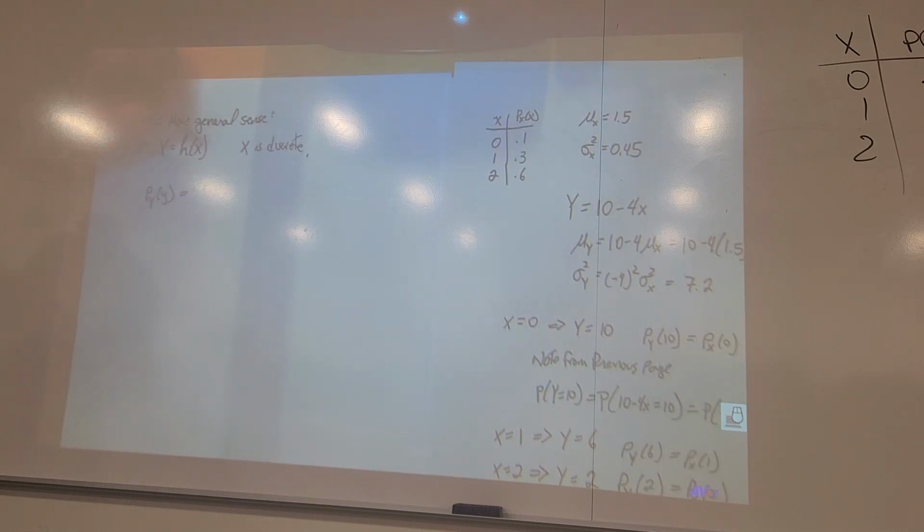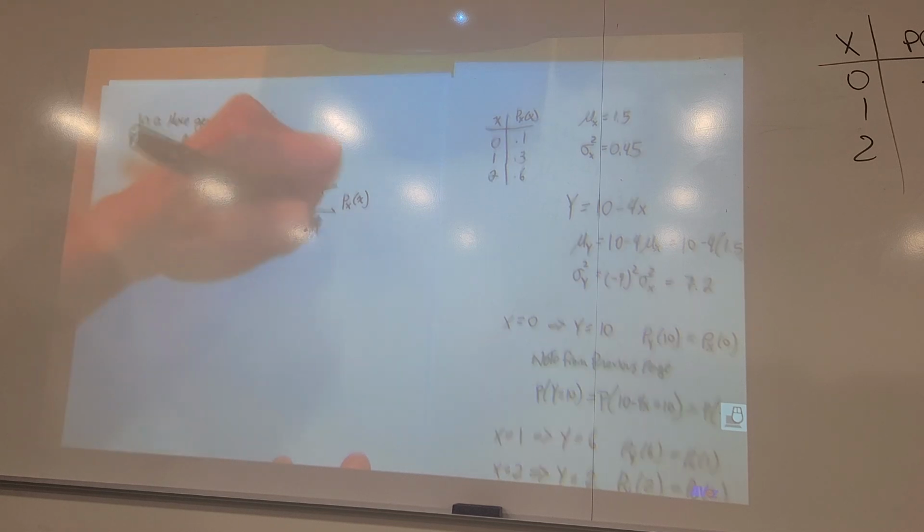Probability-wise, the probability y is equal to y, the probability h of x is equal to y, is the sum of the probabilities of x. What am I summing over? All x such that h of x is equal to y.